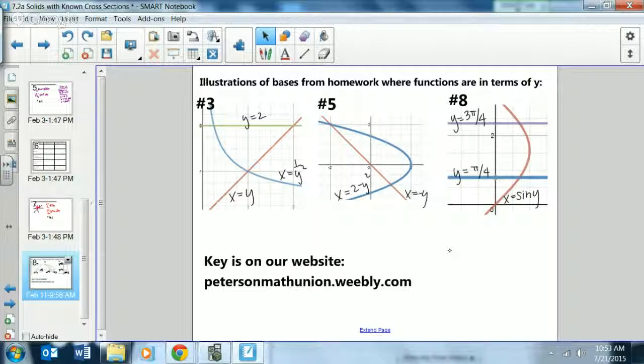I believe there is one mistake on there, but I think I have that fixed right underneath it. So just read our website there. But the key is there, so please check yourself as you go. Again, by all means, use a calculator once you have the integrals set up, but be sure that you show both the sketch and the integrals before you put it into your calculator.